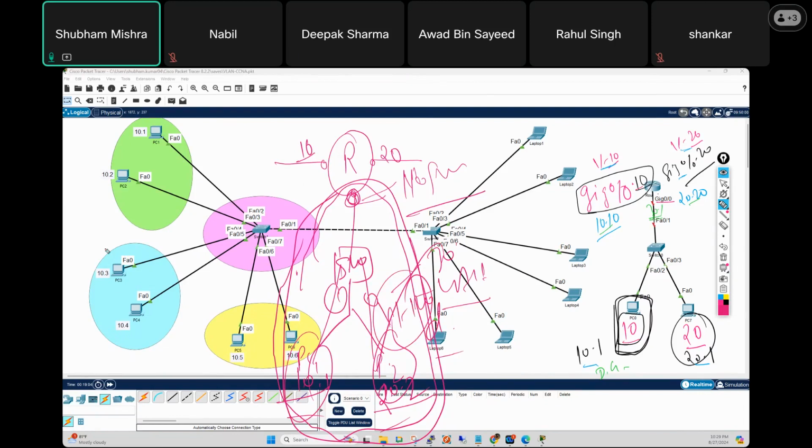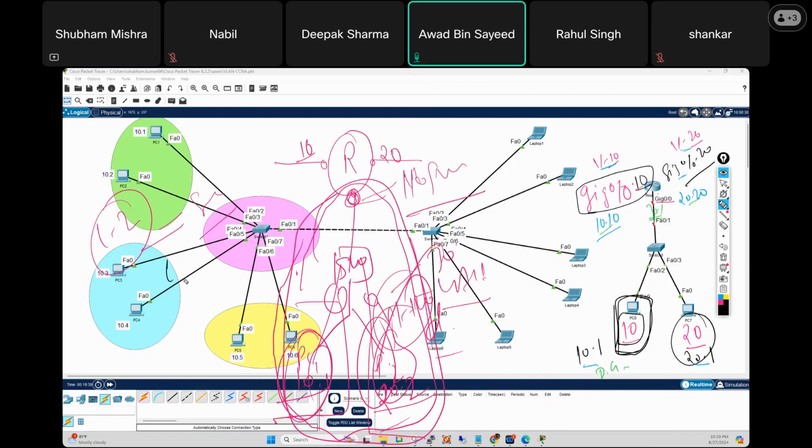Different VLAN means at layer number 2 it's already segmented, divided. When you configure the VLAN, it means this PC number 1 is in one domain and this PC number 2 is part of another domain right now, because we already configured the VLAN on the switch. Are you telling me yes or no? Yes.